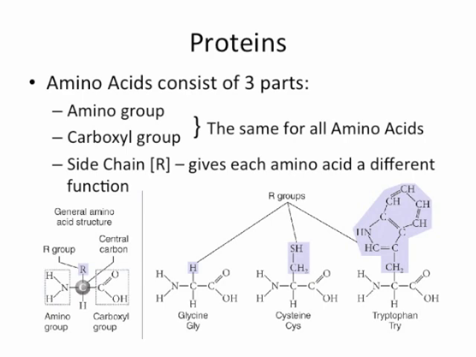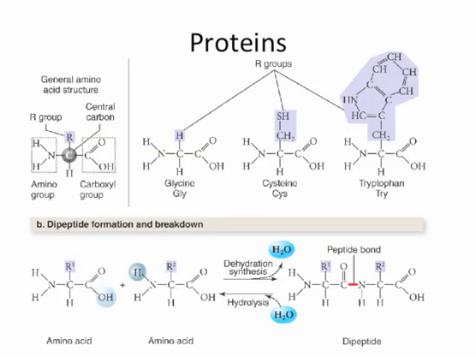Okay. So just like in carbohydrates, proteins are polymers, and they're polymers that are produced through dehydration synthesis. So here are 2 amino acids.